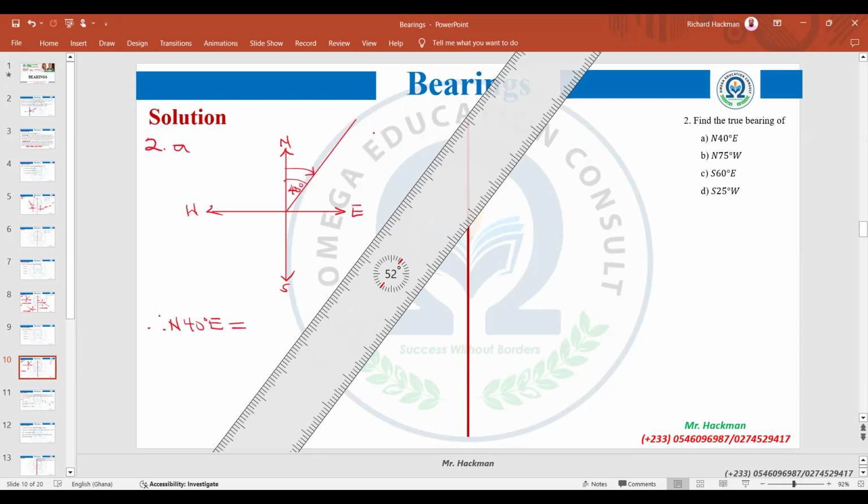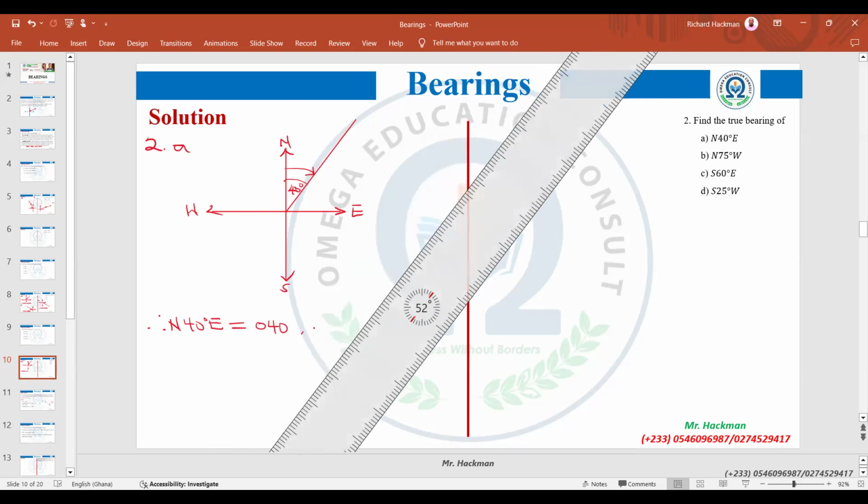However, in the true bearing, the angles must be 3 digits, so it becomes 040 degrees. Is my point well made? Yes, please. Okay, great.